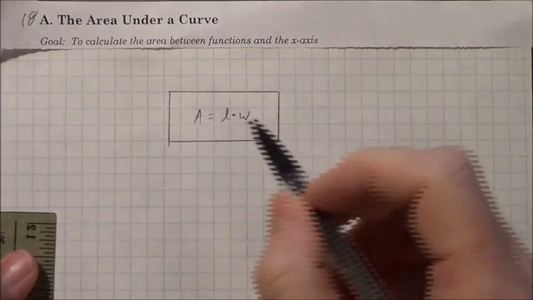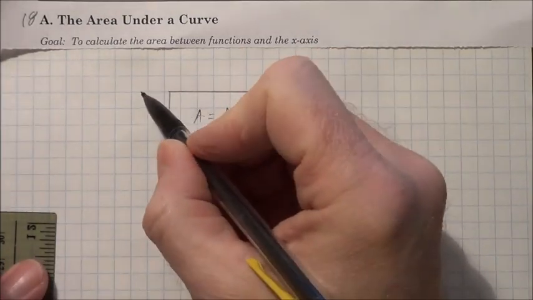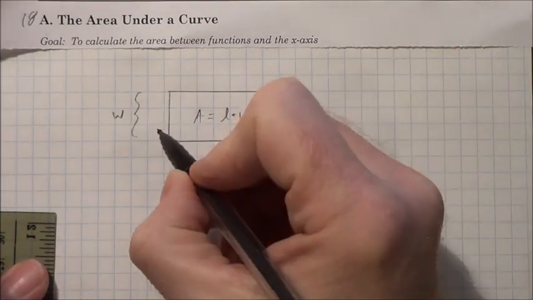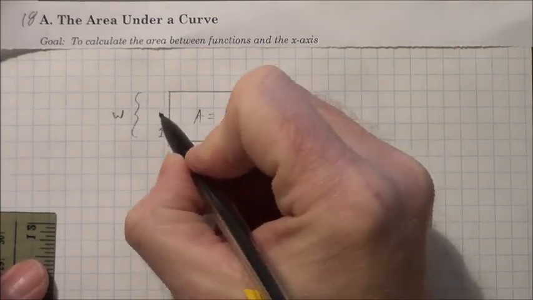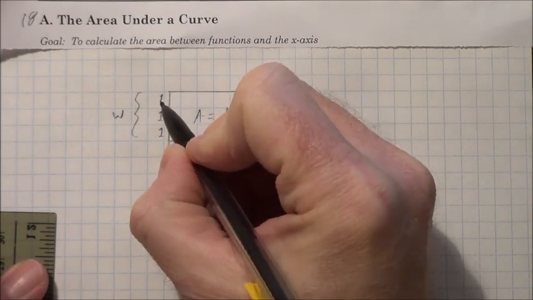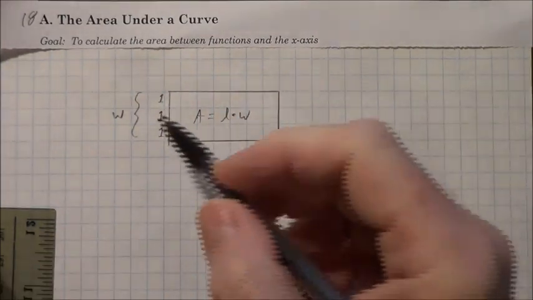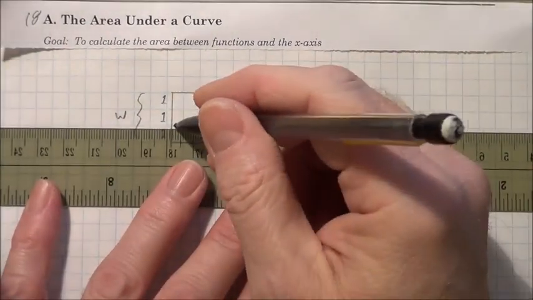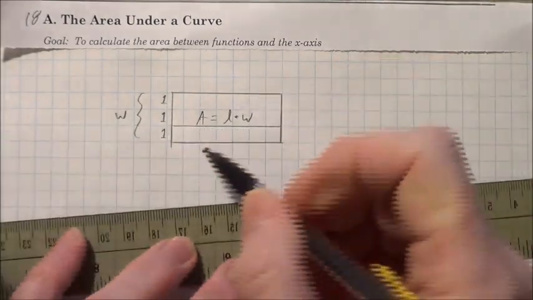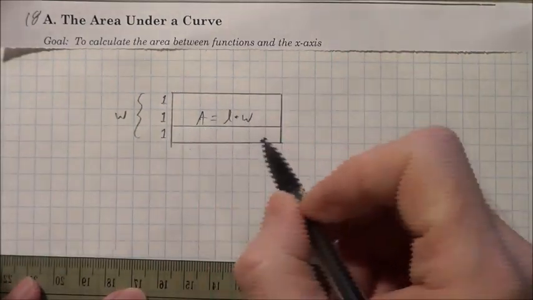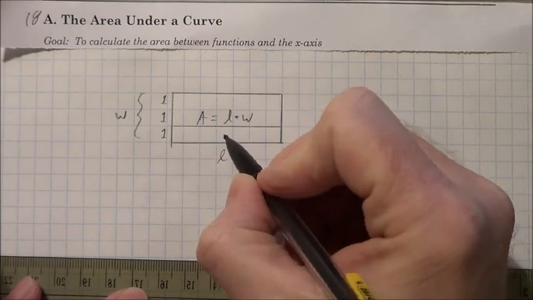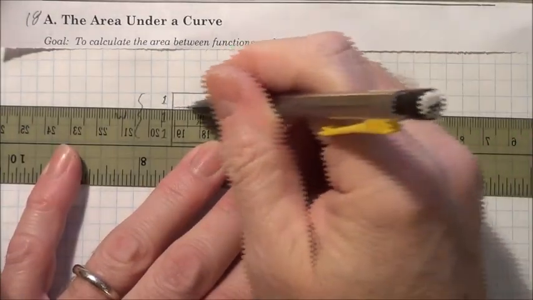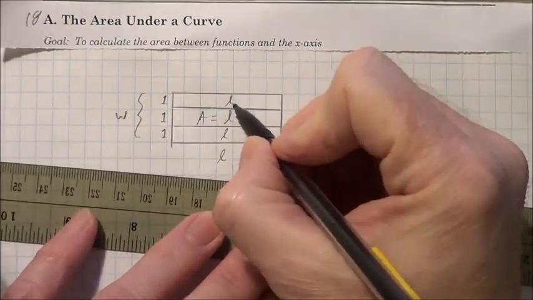We can break this up if we had this width, and suppose we broke this into unit widths, and it's convenient that there happen to be 3 there. Then the area of this row would be 1 times L. There's another length there and another length here.